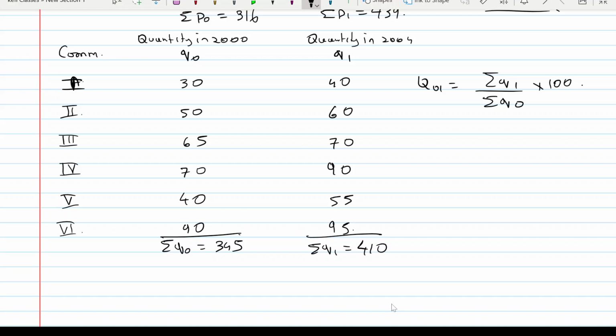Summation Q1 is 410. So ये आंसर कितना आ रहा है? Anyone has calculated this? 118.84. ठीक है.